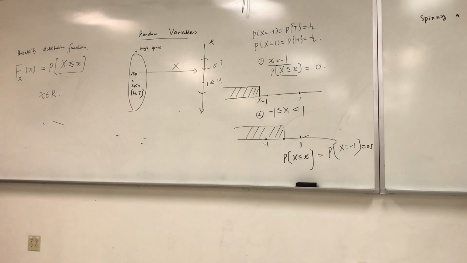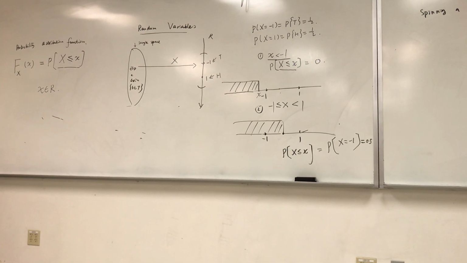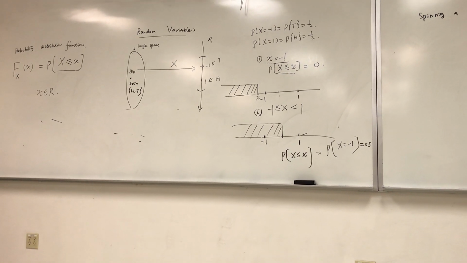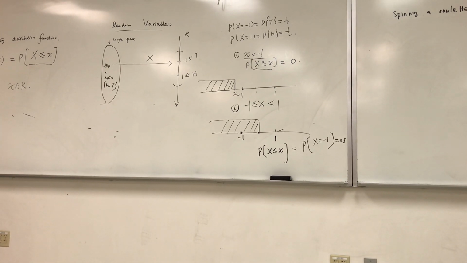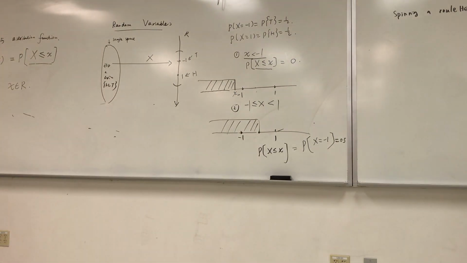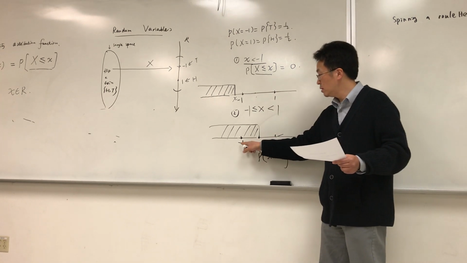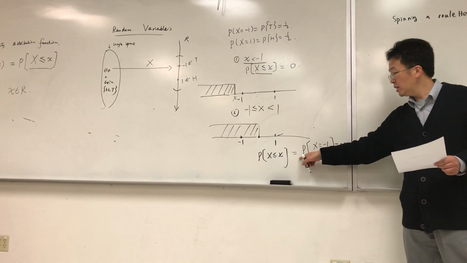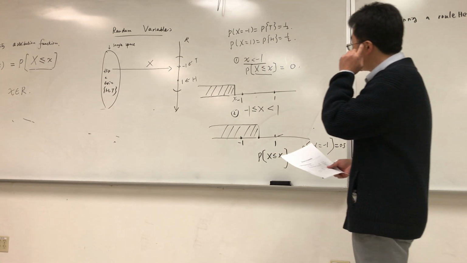Is it because it's discrete and there are no other options? That's right. The probability is only defined at 2 positions: -1 for tail, which is half, and 1 for head, which is also half. This inequality only includes -1, and that's the reason why this probability should be 0.5. And this is case number 2.